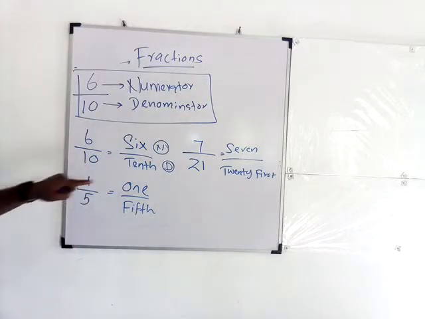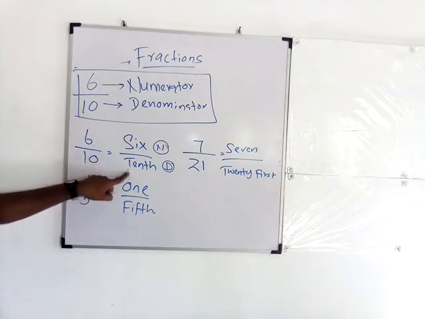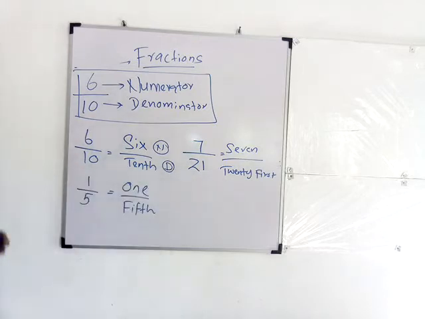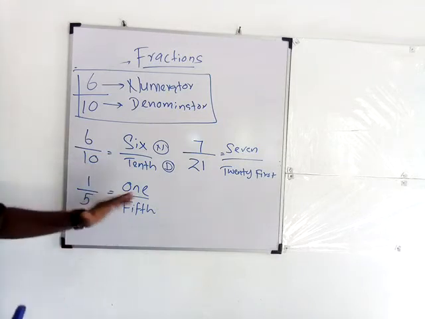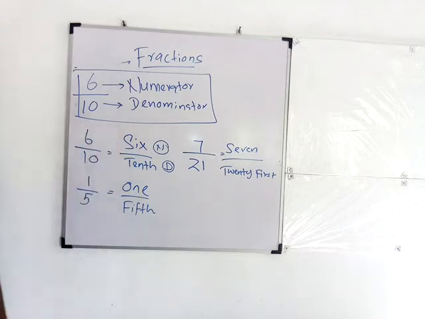But when we read the denominator, the number should be read as a place: 10th, 5th, 21st. You can understand, no? That means fifth, second, third, fourth, like that. In the numerator, 1, 2, 3, 4, 5, 6.